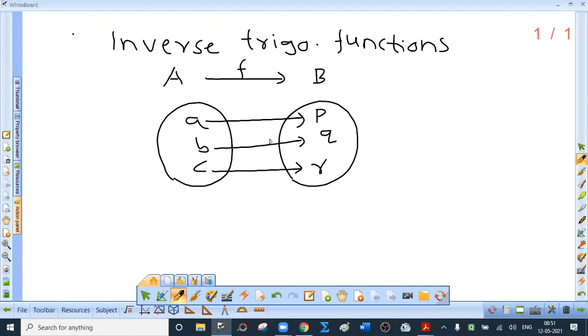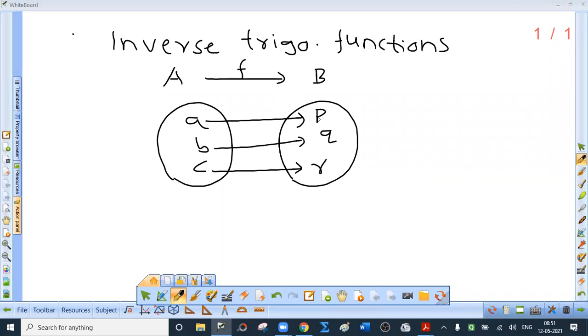Now this function is called one-one and onto. Actually, there are two types of functions, one-one and many-one. Suppose there is one more element D in set A and it is associated with R. Is that a function? Yes, it is. It is called a many-one function. But clearly this is one-one. You will notice that this function is onto. What do you mean by an onto function?